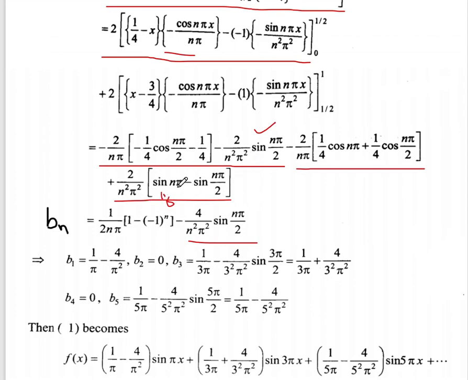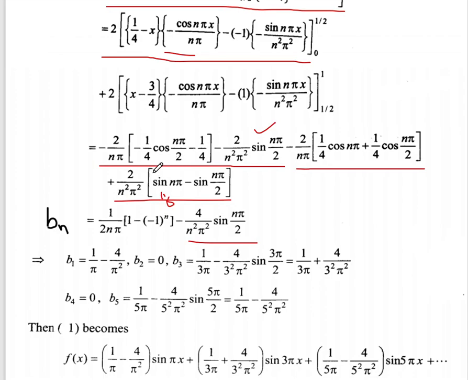What is next? We know that cos n pi by 2 is 0, so the total solution of this term is 0.